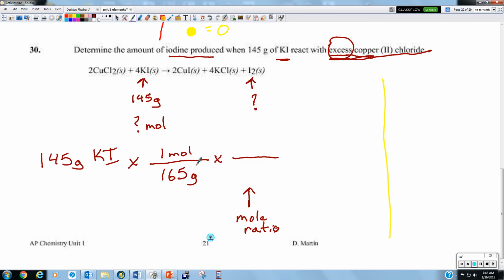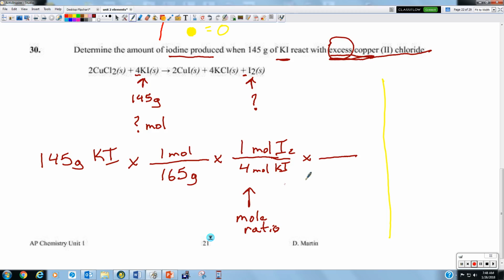So if we're trying to get rid of potassium iodide, we have 4 moles of KI, and we're going to compare that to how many moles of I2? 1. And all that does is give us a conversion. It's just the coefficient. So all I'm looking at is the numbers right there. When there's not a number, we always assume 1.